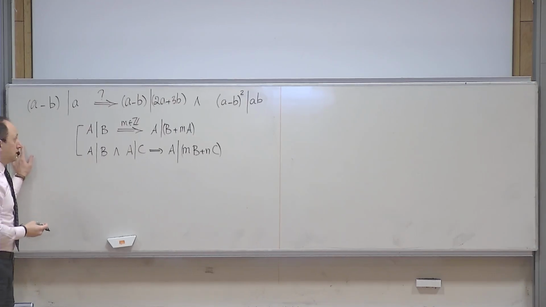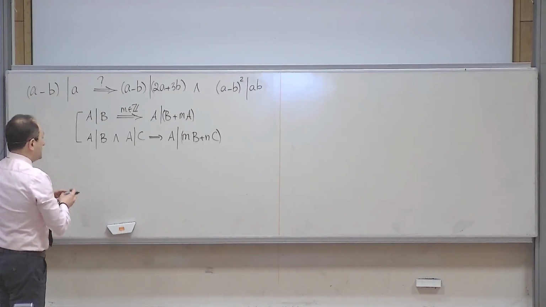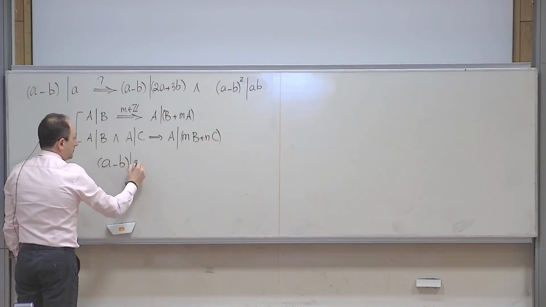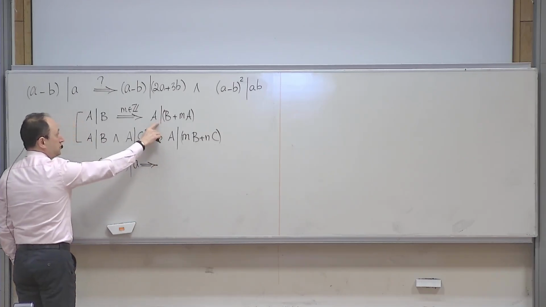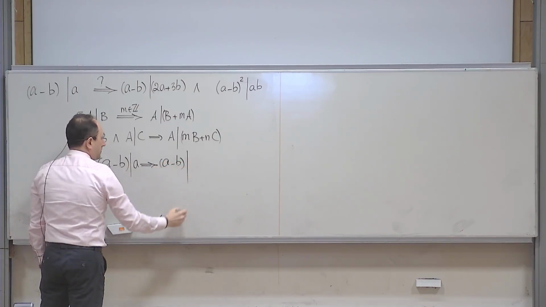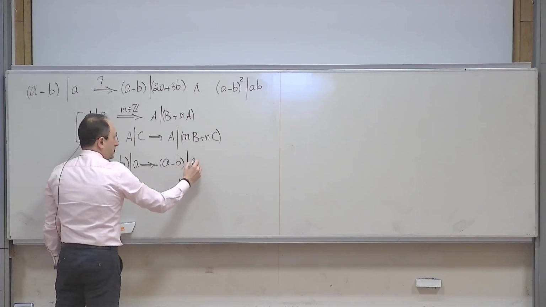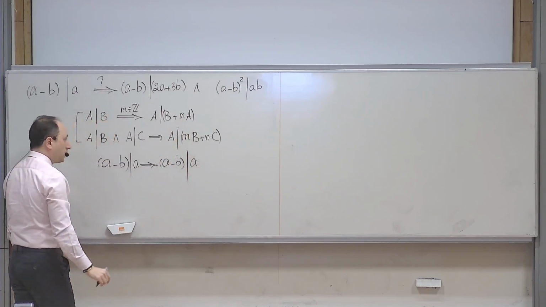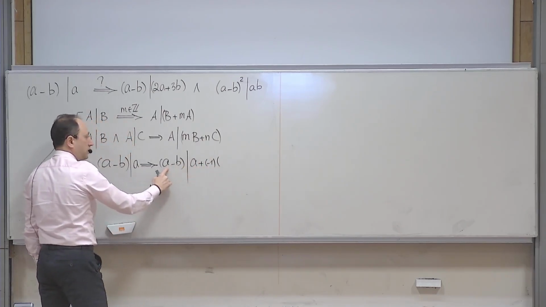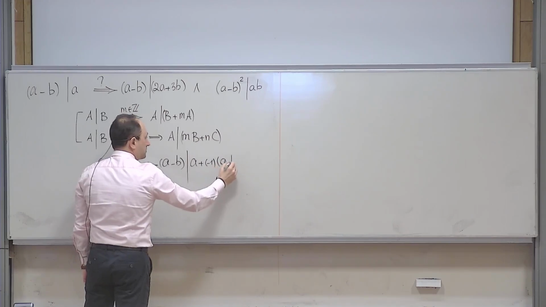One way of doing that: if a minus b divides a, I want to use this theorem. I copy the left-hand side, and I write the right-hand side, and instead of m, I can put minus 1 times the left-hand side, which is a minus b.